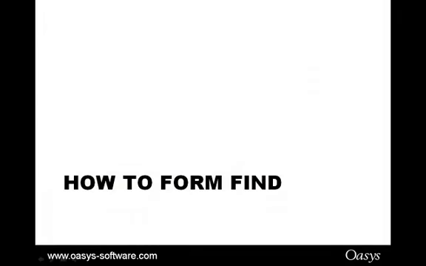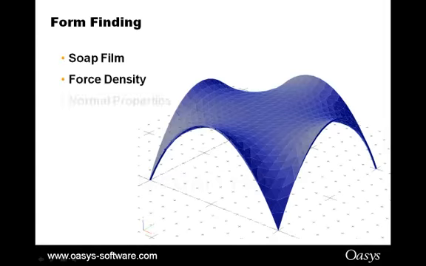So, form finding, how to go about it. In GSA we have 3 different types of form finding: soap film, force density, and normal properties.